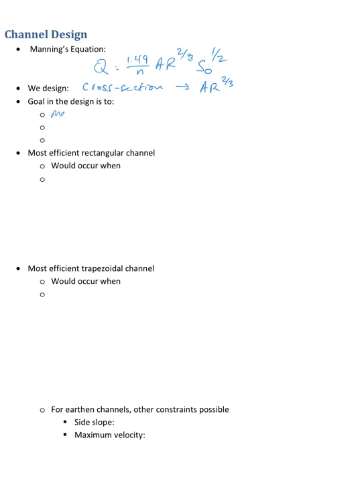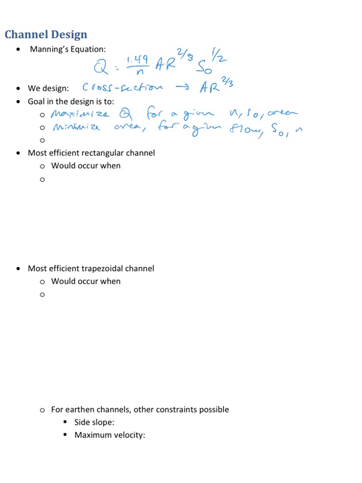So our goal is to maximize Q for a given n, S sub 0, and area. Or another way of thinking about it is to minimize the area for a given flow, S sub 0 and n.